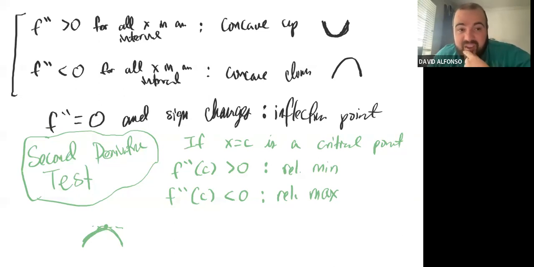So that's called the second derivative test, and they do want you to know that one as well. If you know the critical point, but the only information you have about the function is its second derivative, you can still determine if that critical point is a relative max or min.